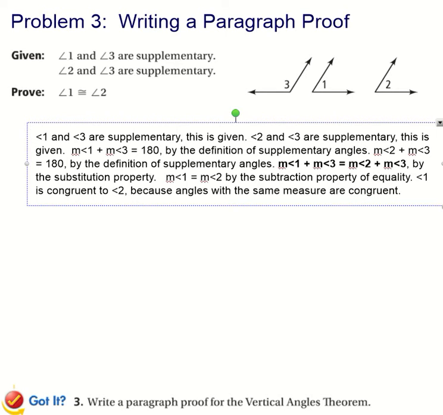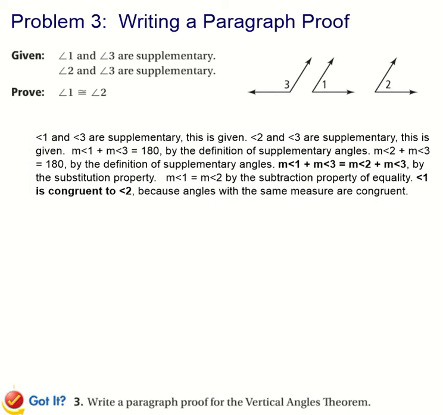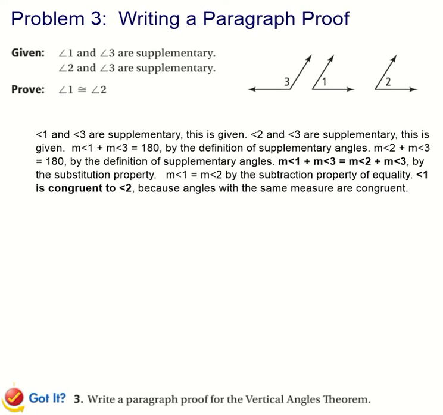And there you go, our final statement that we needed to get to is right here in bold. And we proved what we needed to prove, and we did it in a paragraph proof rather than in a 2-column proof. I hope you followed along with that.